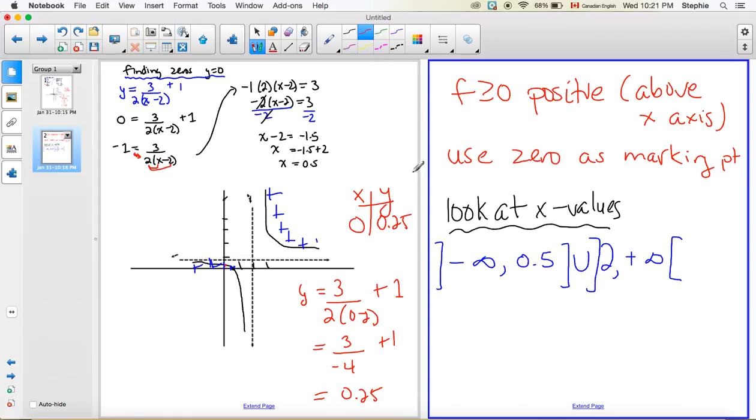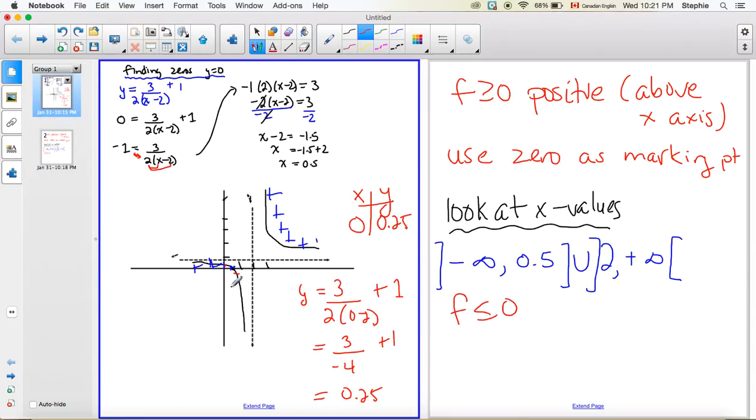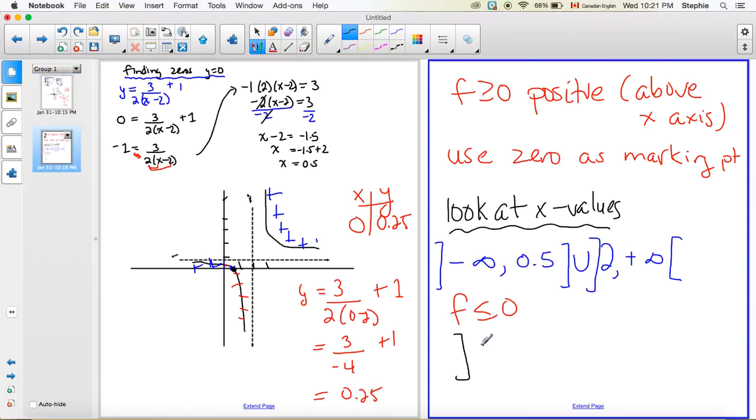And now let's look at when the function is negative. So basically I'm looking at only these. It's never negative anywhere else. The negative, again, we're going to be looking at the x values. The negative is from here, which is this point, the 0.5. So you could say including, because you could always include those.